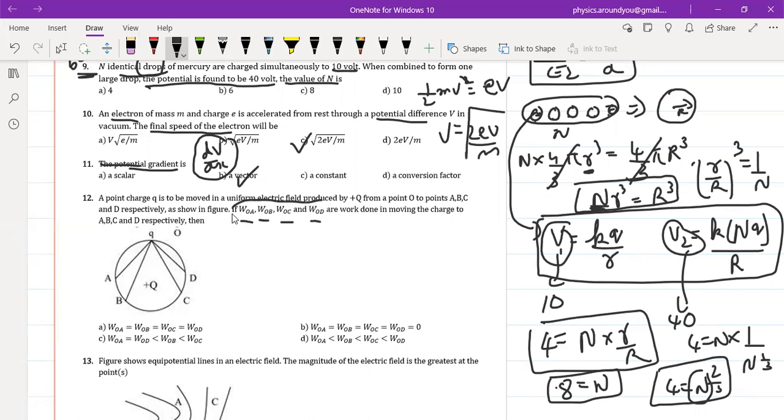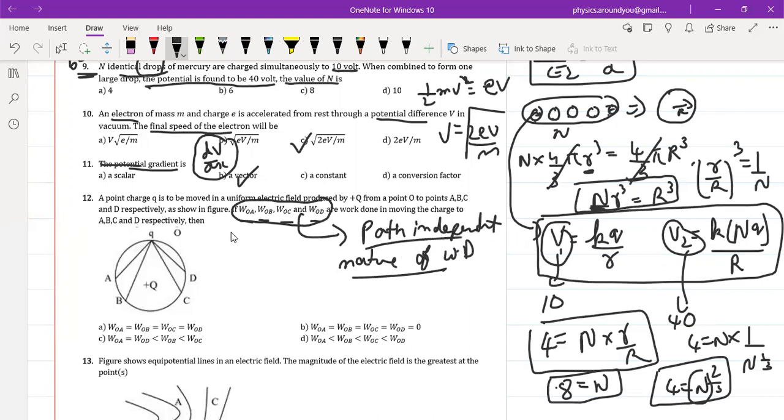Whenever these sorts of questions are given, comparing work done in carrying a charge, always remember the path independent nature of electrostatic work done, which means the work done in carrying any charge depends only on the initial location and final location.